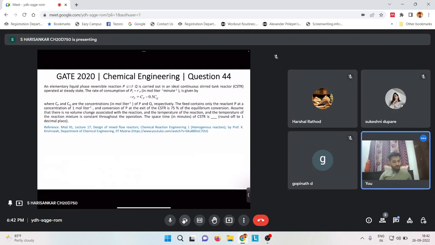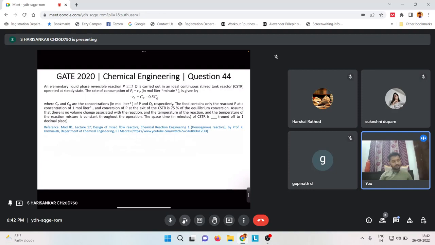So now we are looking into the GATE 2020 question from chemical engineering, question number 44. An elementary liquid phase reversible reaction P reversibly gives Q is carried out in an ideal continuous stirred tank reactor, or CSTR, operated at steady state.